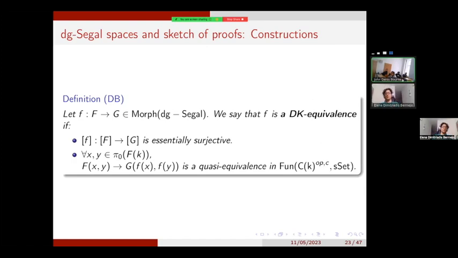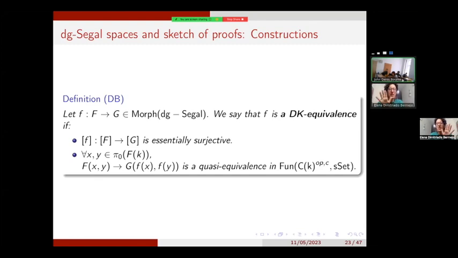You don't have the definitions for it. I just wanted to put it up because it looks very similar to the definition of weak equivalence in DG categories. And that is not by accident. If both F and G are the images of Sing, this is literally the definition of a weak equivalence in DG categories.